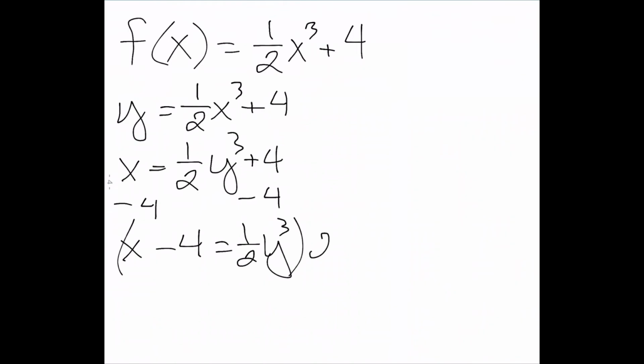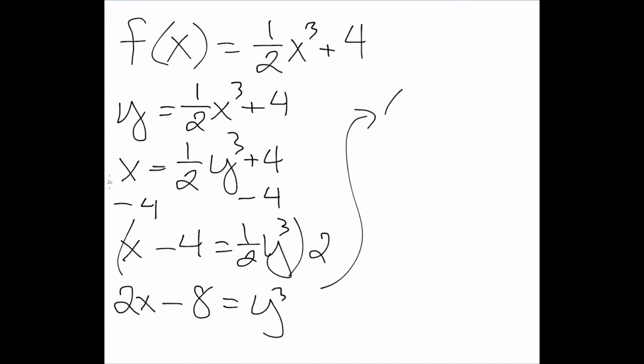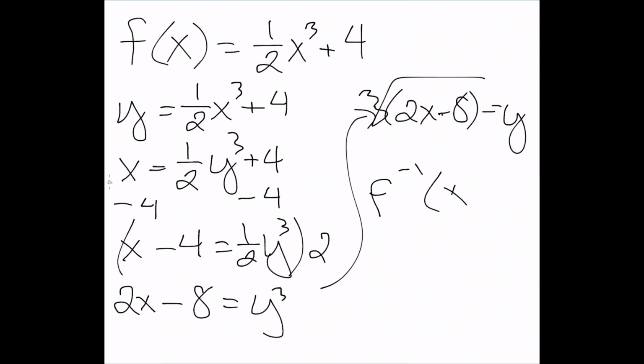I'll multiply everything by 2. That gives me 2x minus 8 equal to y cubed. And then finally, I'll take the cube root of both sides. So now I have 2x minus 8, and the cube root of that is equal to y. So f inverse of x is equal to the cube root of 2x minus 8.